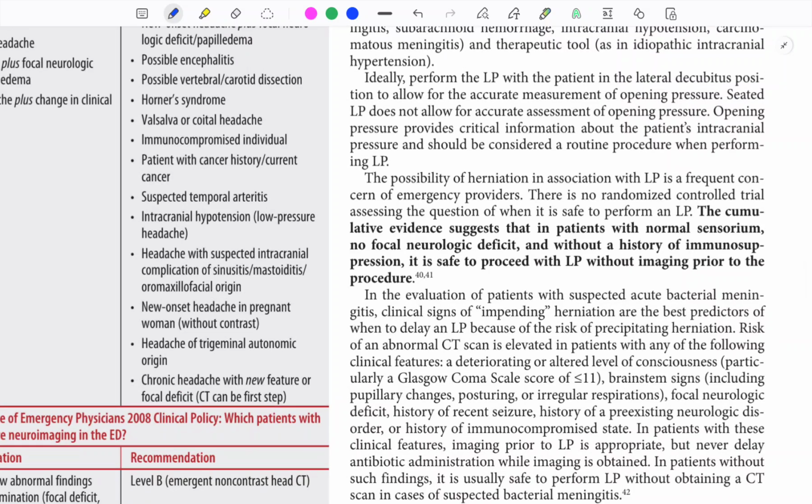So, no neurological deficit, normal sensorium, and no history of immunosuppression, you can do LP without imaging, without NCCT prior to the procedure.